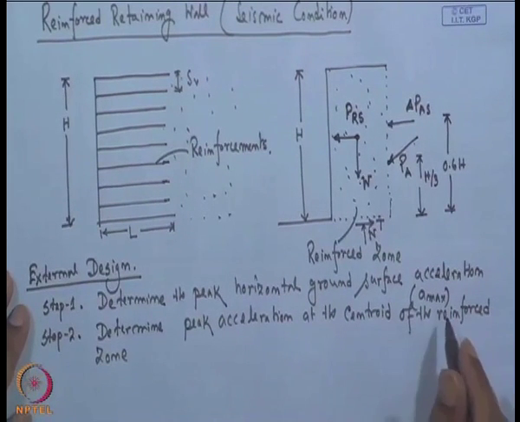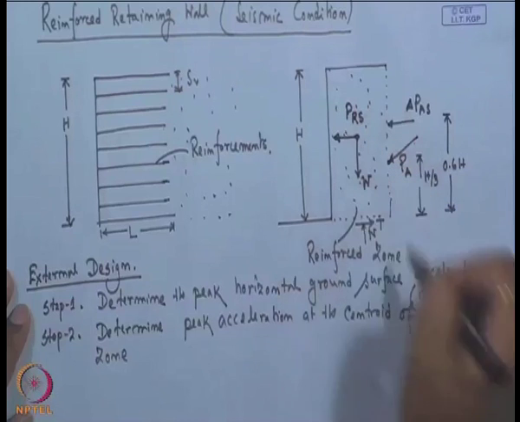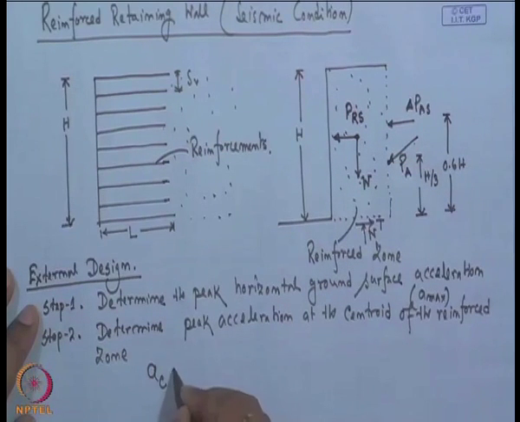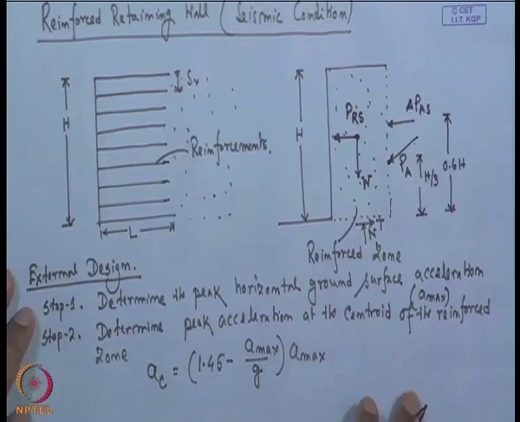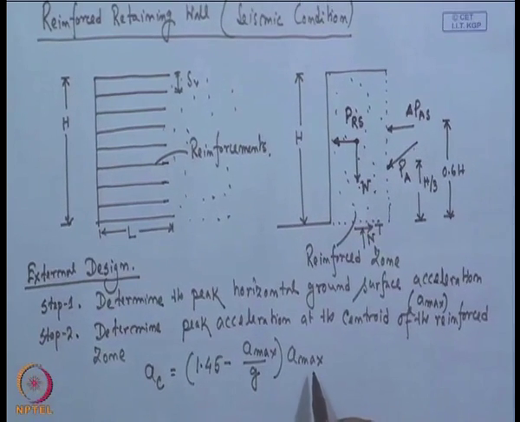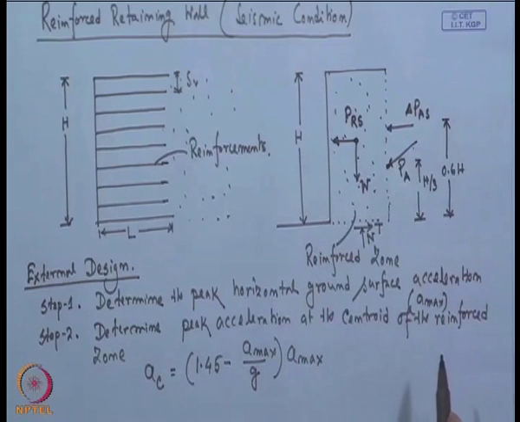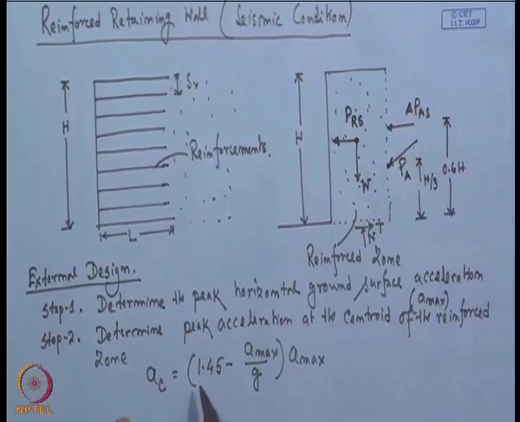Next we will calculate the peak acceleration at the centroid of the reinforced zone by this expression: A c equals 1.45 minus A max by g, into A max. So, first we determine A max, the peak ground acceleration for the particular area. Once we get A max for the design area, we calculate the peak acceleration at the centroid of the reinforced zone using 1.45 minus A max by g, into A max.